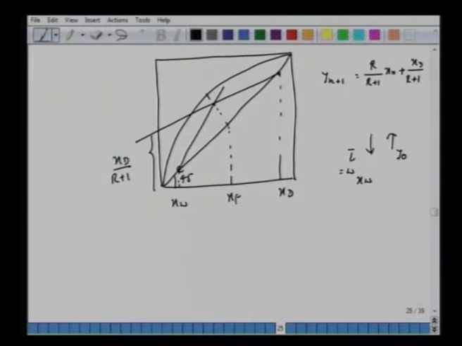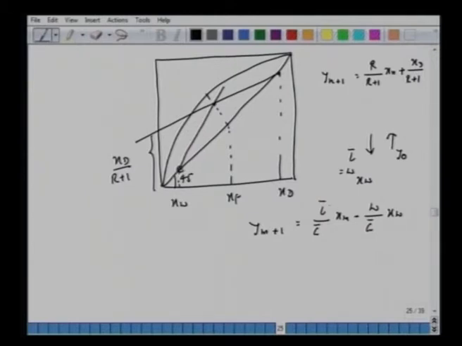In the previous case, when you wrote the expression for the operating line as Ym plus 1 equal to L bar over G bar Xm minus W over G bar XW, we said that when you substitute XW here, this line will also lie on the 45-degree line. So Ym plus 1 will be equal to XW. That's why we extended this to this point.